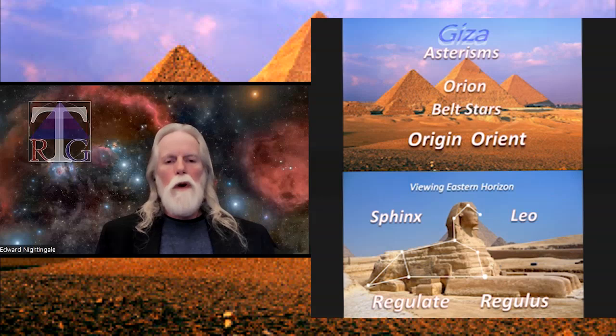And then the three main pyramids at Giza are indexing with the three belt stars of Orion, giving that another view. So as these celestial motions are occurring, these two celestial aspects come into play. So we'll go over all that, go through how these calendars line up, and it's all viewed from the Sphinx.